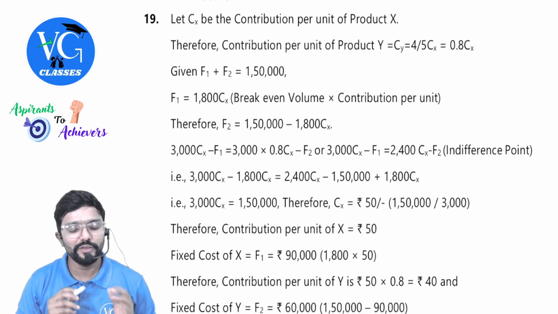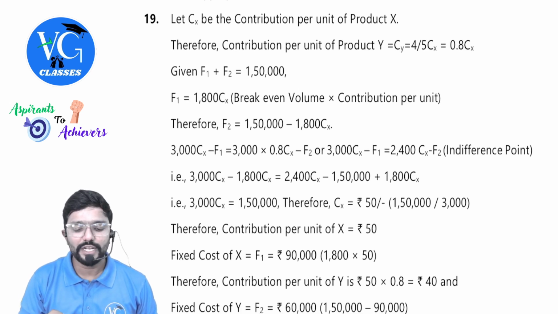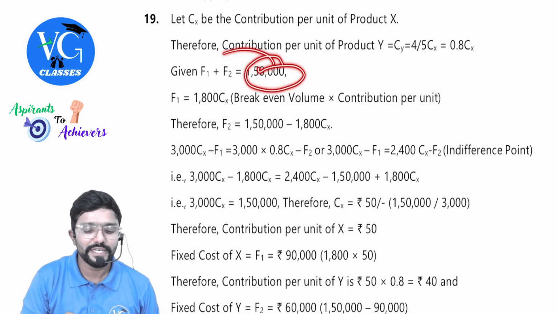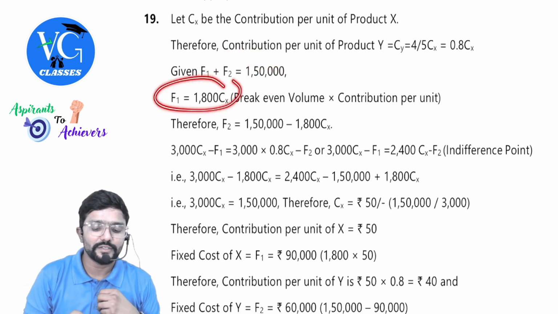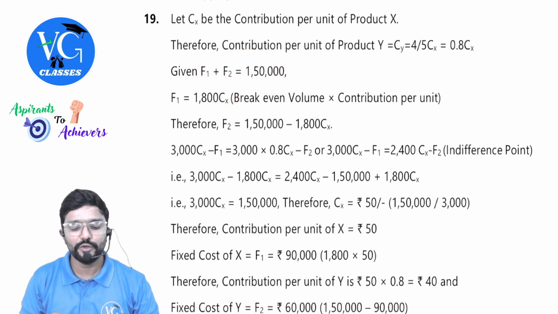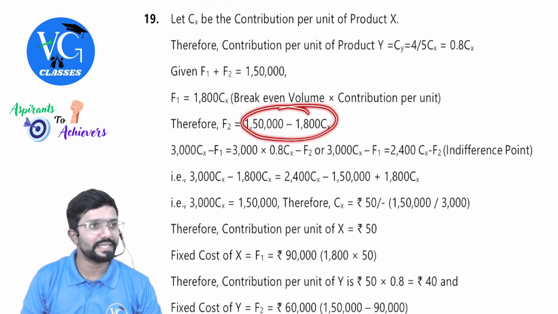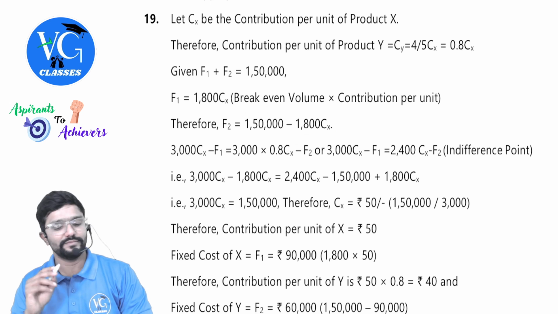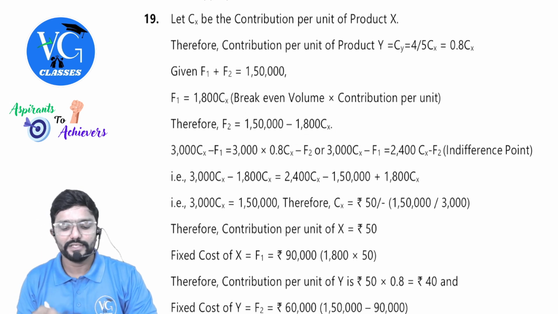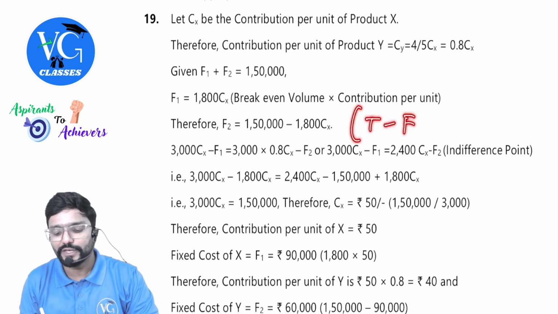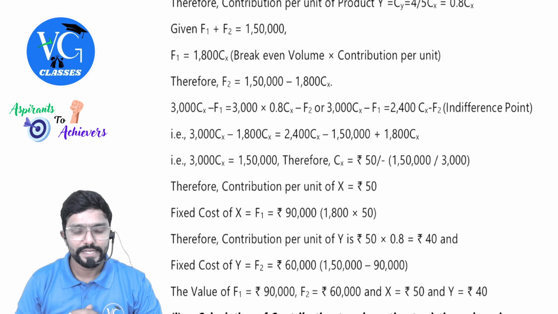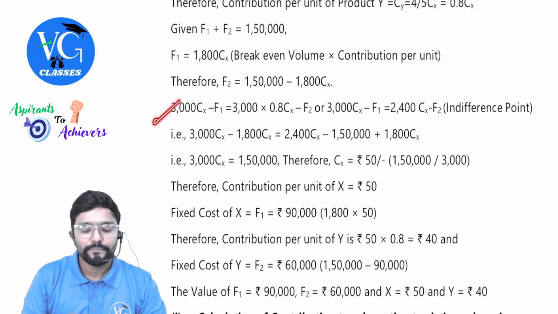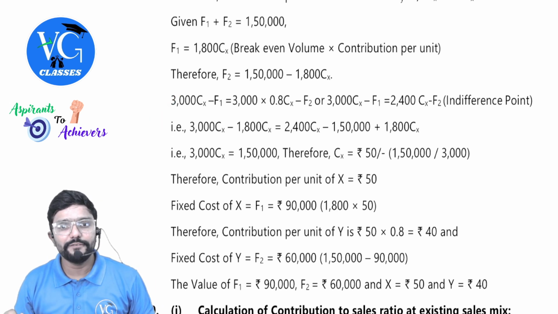F2 will be how much? The total we know is 150 minus F1, which gives F2. We know F1 is 1800 Cx, so F2 would be 1,50,000 minus F1. That is total minus F1. Next, the indifference point.